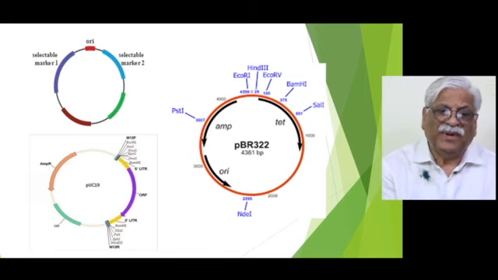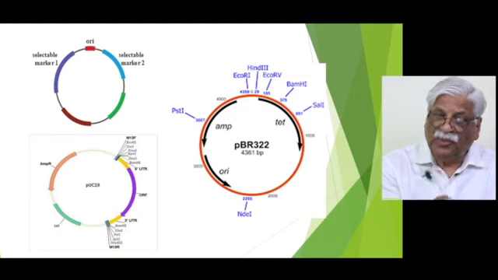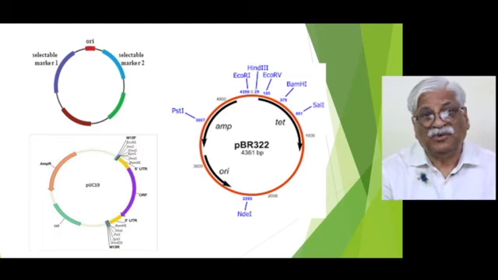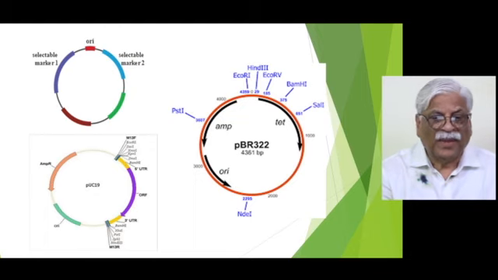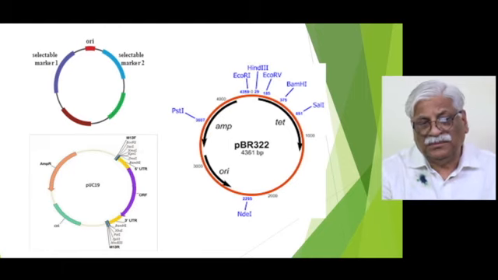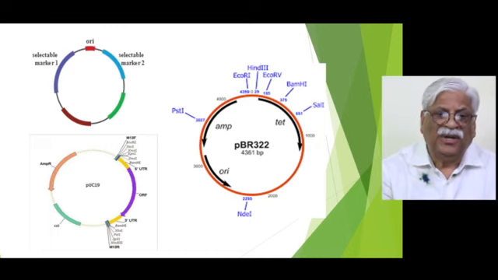ORI means origin of replication. This is the part which should be present if a large number of copies of this plasmid structure are to be prepared. Another one is not a natural structure, but an artificial structure developed in a laboratory using the E.